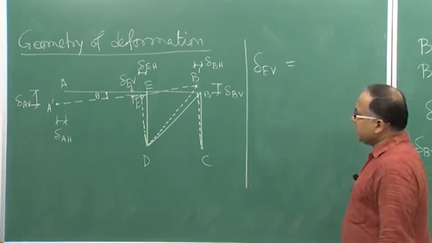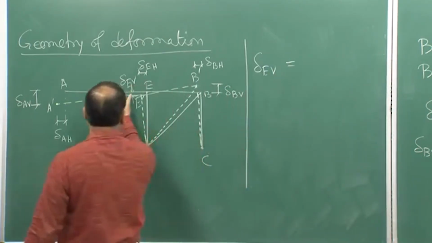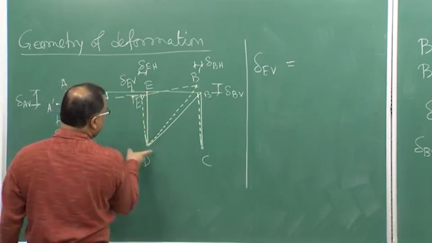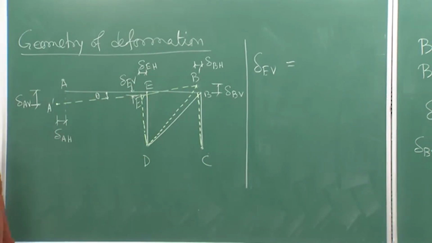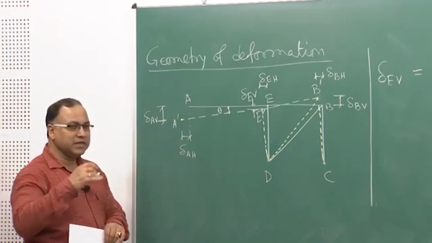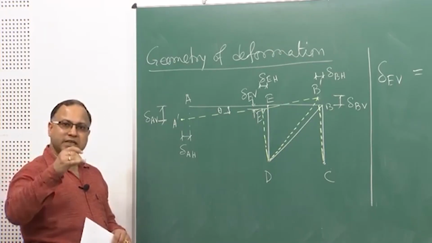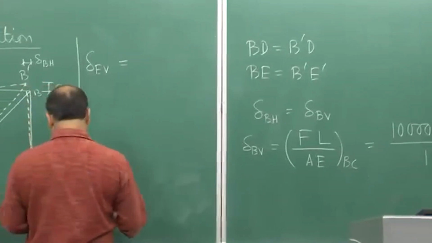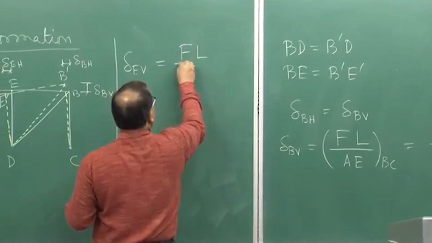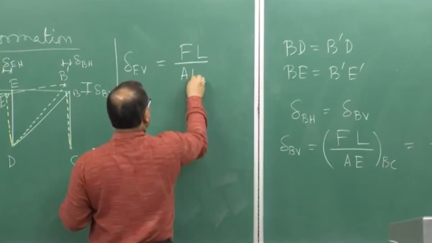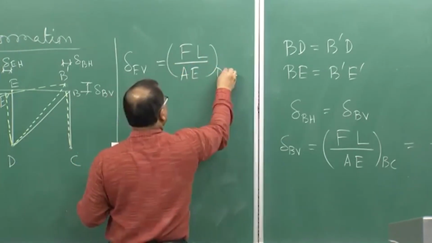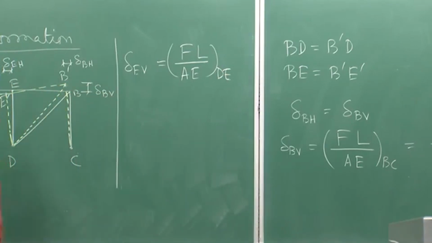Similarly, I can calculate delta EV, because DE member is a vertical member, and the DE member is under compression, as we have already seen. The amount of compression happening in member DE is equal to the vertical movement of point E. So delta EV can be calculated as FL by AE of member DE.